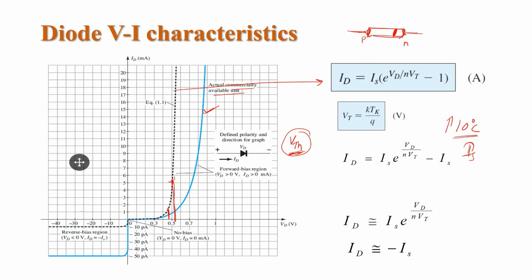So it does not depend much upon the circuit parameters or circuit components. That is the significance of V threshold. So we can say that for an actual commercially available unit, the threshold voltage is somewhat higher than for the diode that is assumed to follow the diode equation.